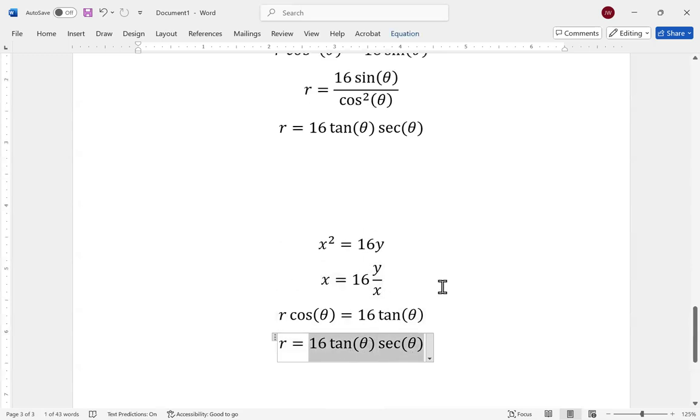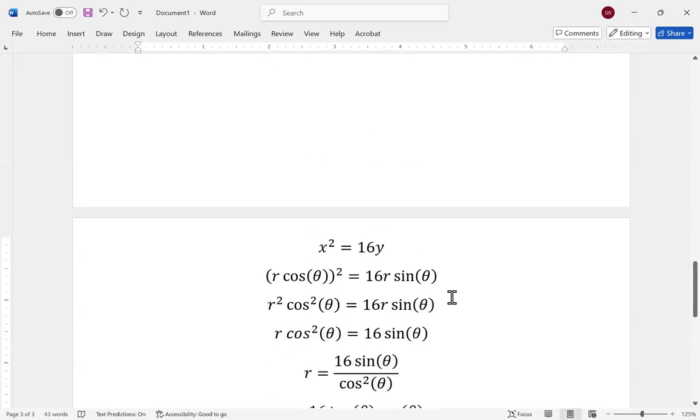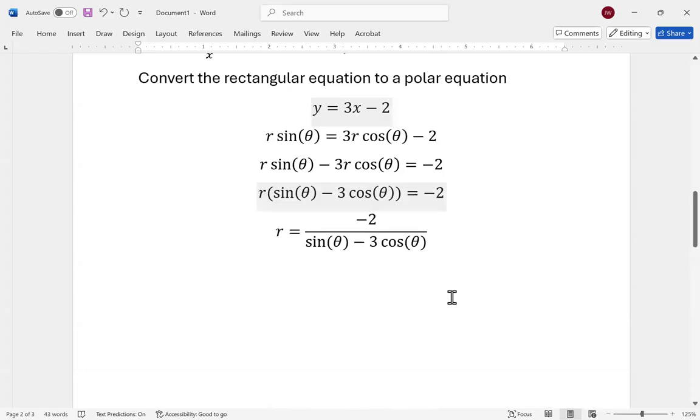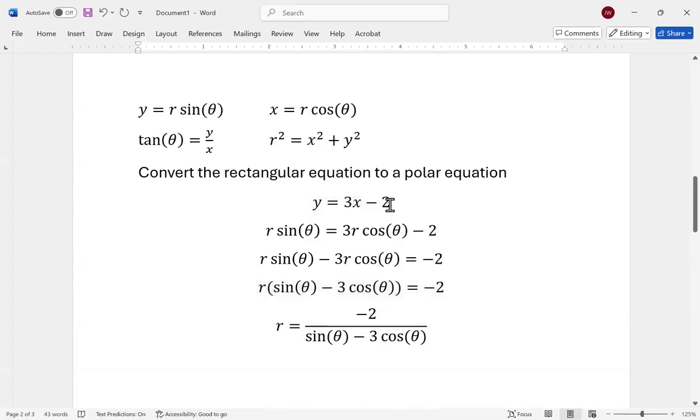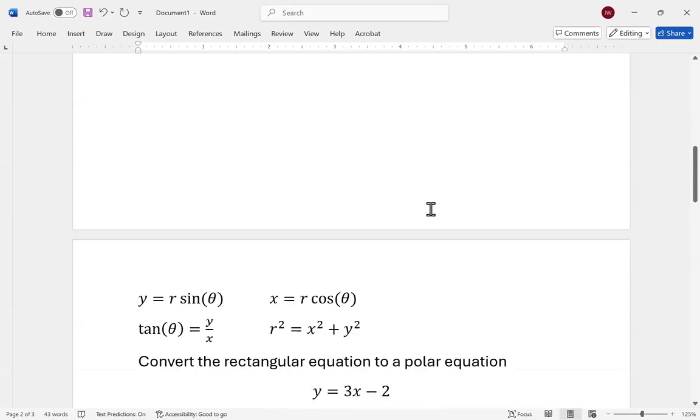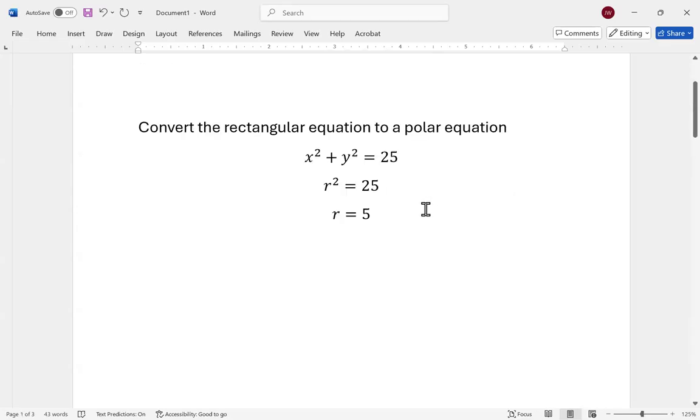And you'd have gotten 16 sine theta divided by cosine squared of theta. So oftentimes with these problems, there's more than one way to solve. This one, probably the linear one, there's probably one good way to solve. With this equation, the circle, there's one really good way to solve, which is the way we did it.